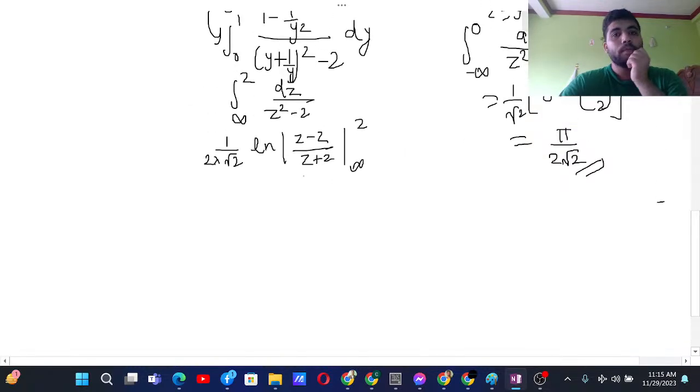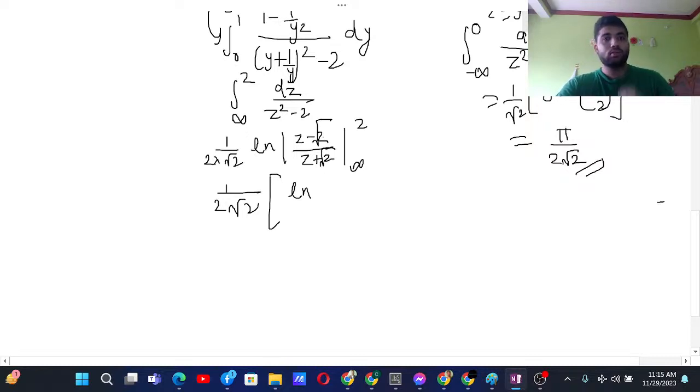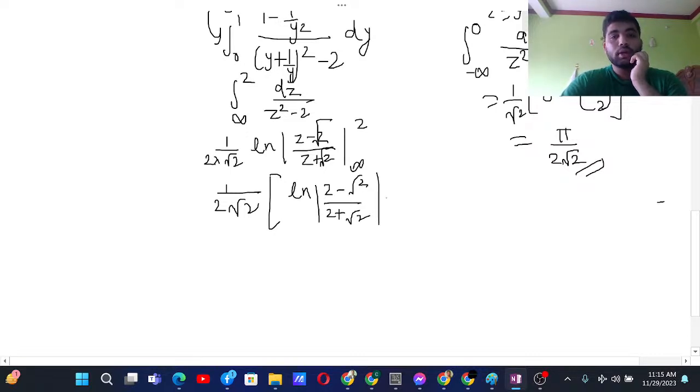Now when we have 1 by 2 root 2, this is ln of, and this is root 2, not 2, since we have to take the square root of 2 over here. So ln of 2 minus root 2 by 2 plus root 2, minus, at infinity these two are equal.